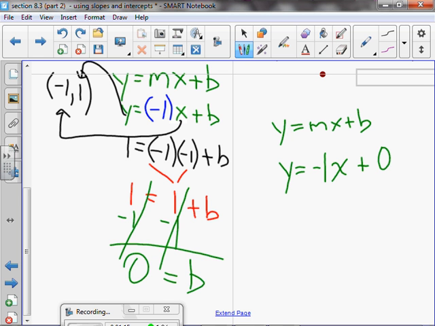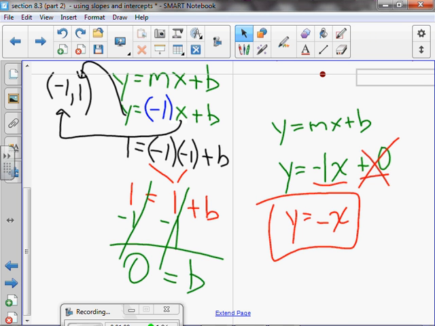Y can't be simplified anymore, but this negative 1x could be written simpler, negative x. And this plus 0 doesn't even need to be there because it's not doing anything. And this is my equation. Y equals negative x. That is slope-intercept form. Okay?